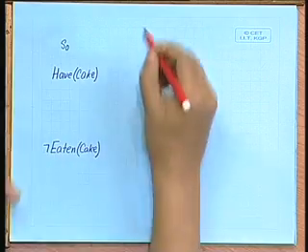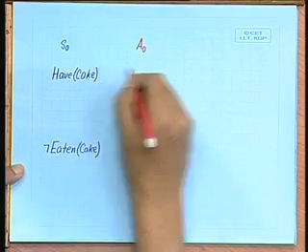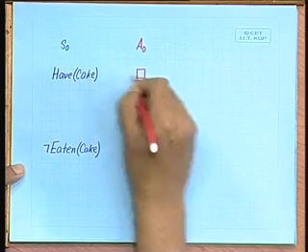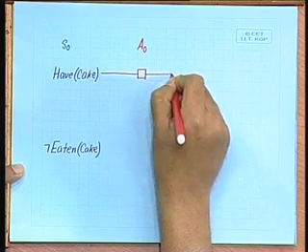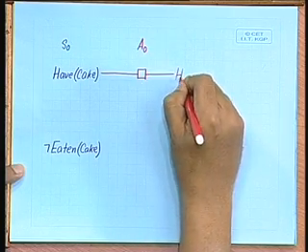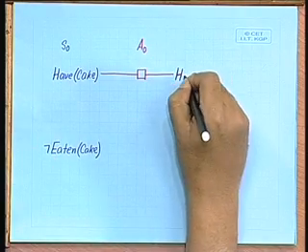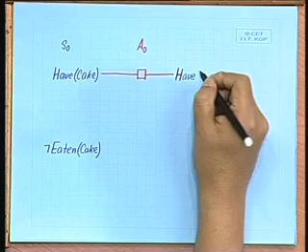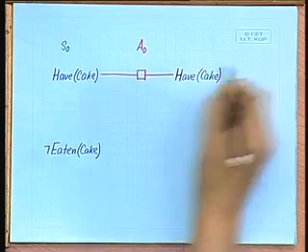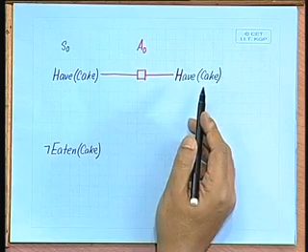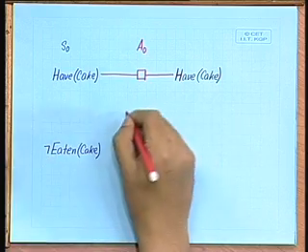Let me enumerate the actions. One is the persistence of this, which means that I will just retain this. This is the persistence action which says that we just keep the cake for the next time step, right. An alternative action is eat cake.